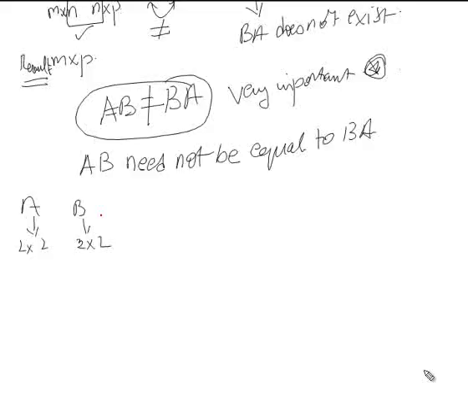Correct? So there are specific cases in which AB equal to BA is also true, but in general, AB need not be equal to BA in matrix multiplication. Please remember this. Okay. The next important property we would like to see is the inverse of a matrix.